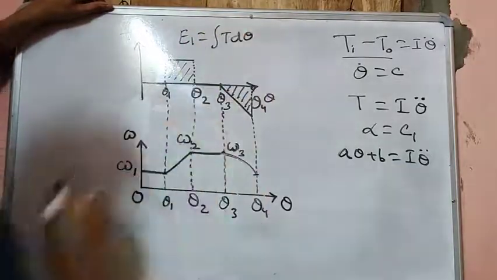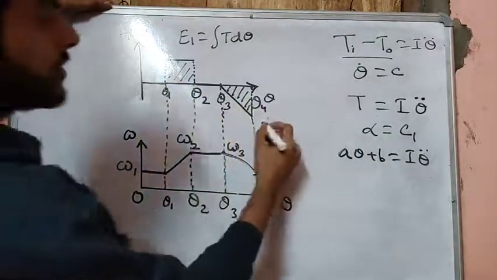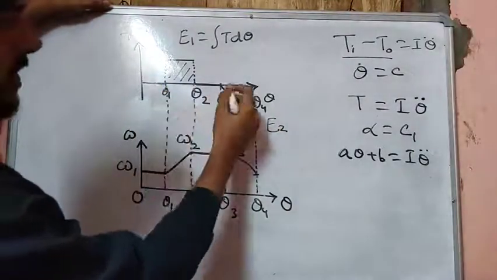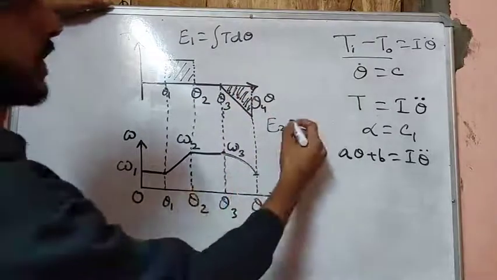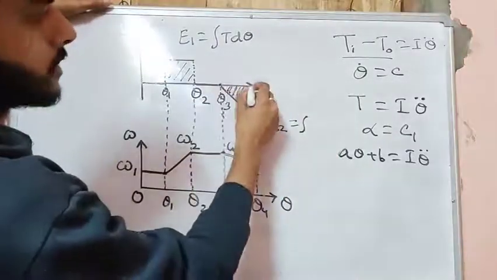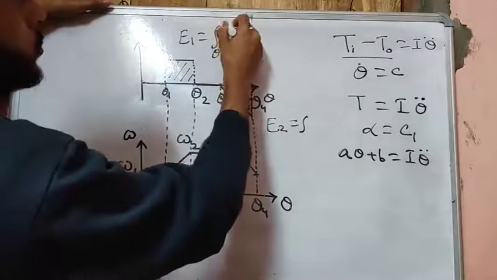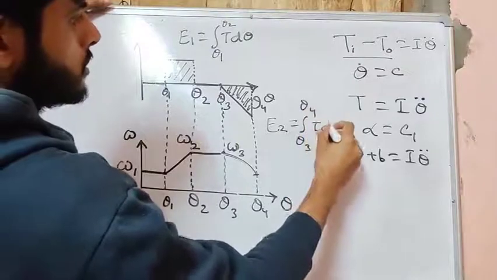The area under this curve, integral t d theta, is energy E1, and this is energy E2. This triangular area E2 is also the integral of t d theta, from theta 1 to theta 2 for E1, and theta 3 to theta 4 for E2.